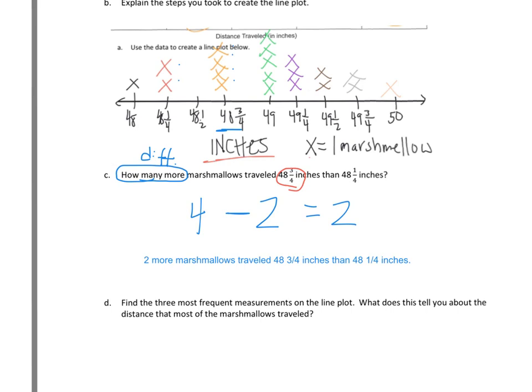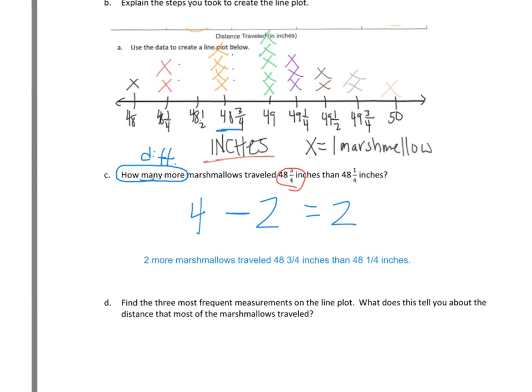So let's take a look down at the last one, which is D, and it says find the 3 most frequent measurements on the line plot. What does this tell you about the distance that most of the marshmallows traveled?